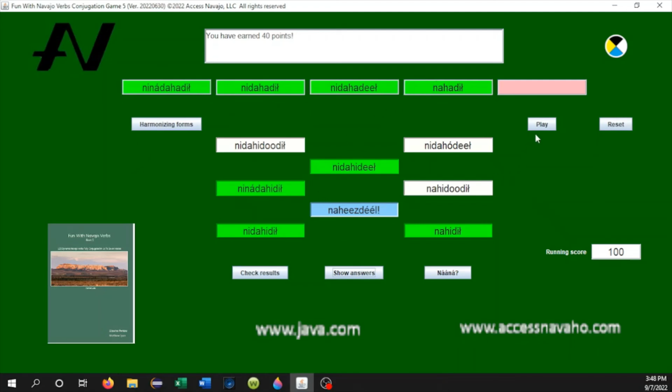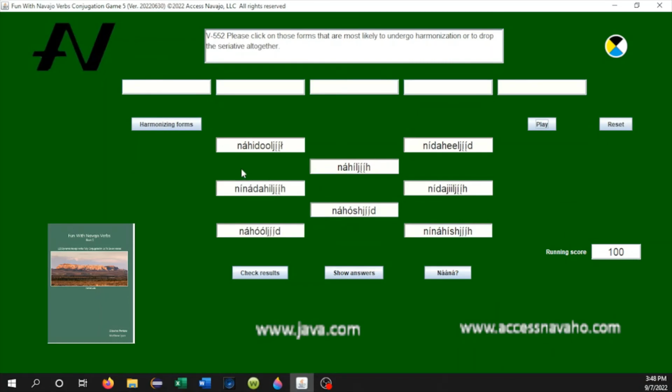There we go. Let's try another one. Now remember, that can't harmonize because it's not in the pre-stem syllable. This one can. This one can. So this is a high vowel.